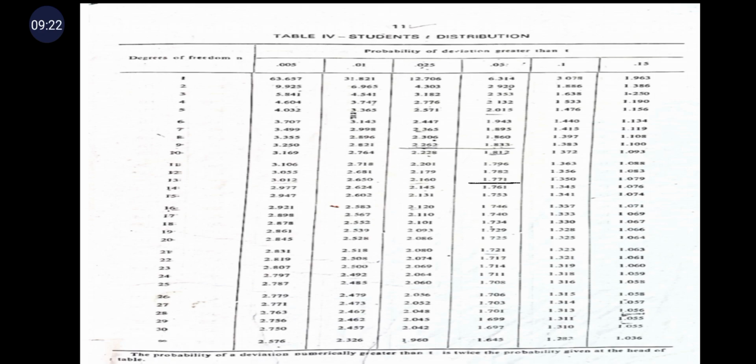Look at 13 under the 0.05 column, the fifth column, and the value is 1.771. This is compared with the calculated value.